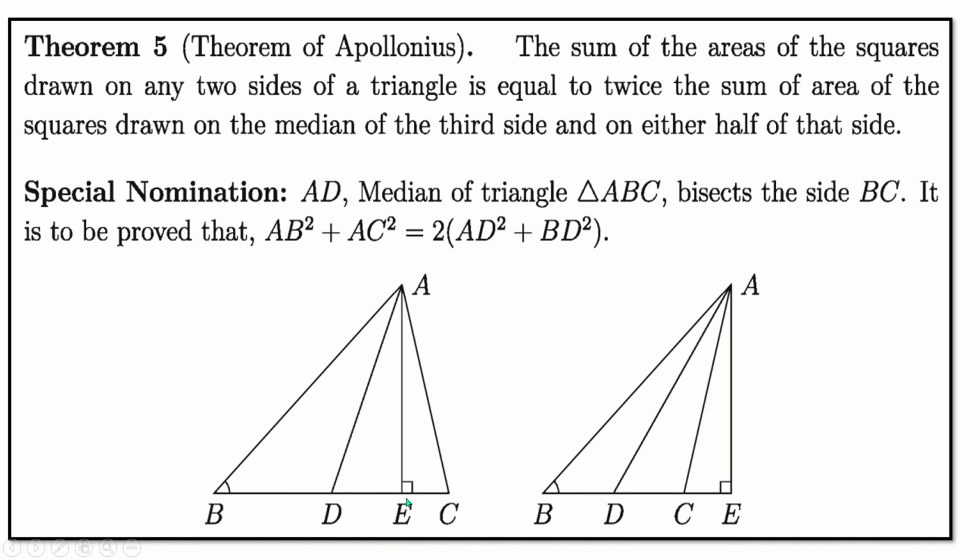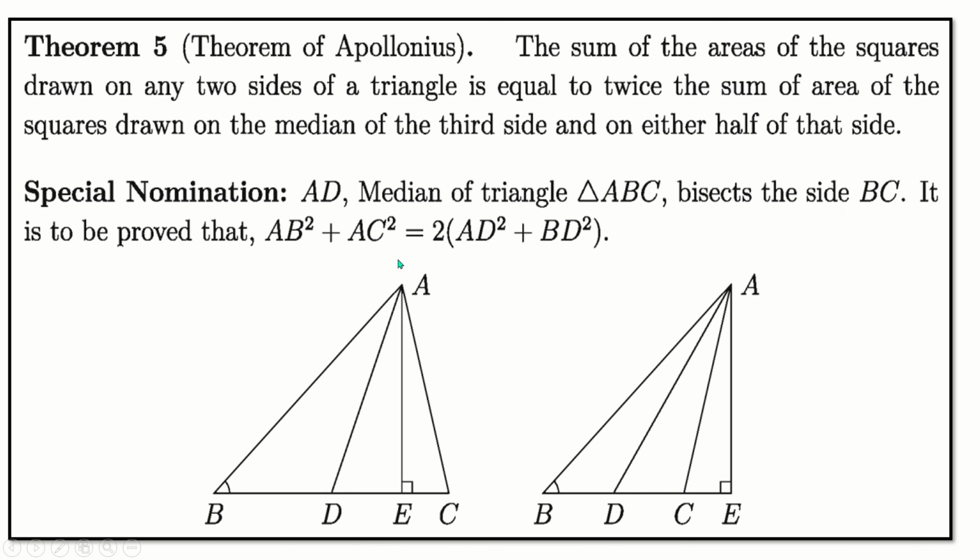So CE is the orthogonal projection of AC, DE is the orthogonal projection of AD, BE is the orthogonal projection of AB. Clear everyone? Orthogonal projection and median. Okay. Now, the median of triangle ABC bisects the side BC, and a median must bisect the side. Otherwise, that will not be a median.